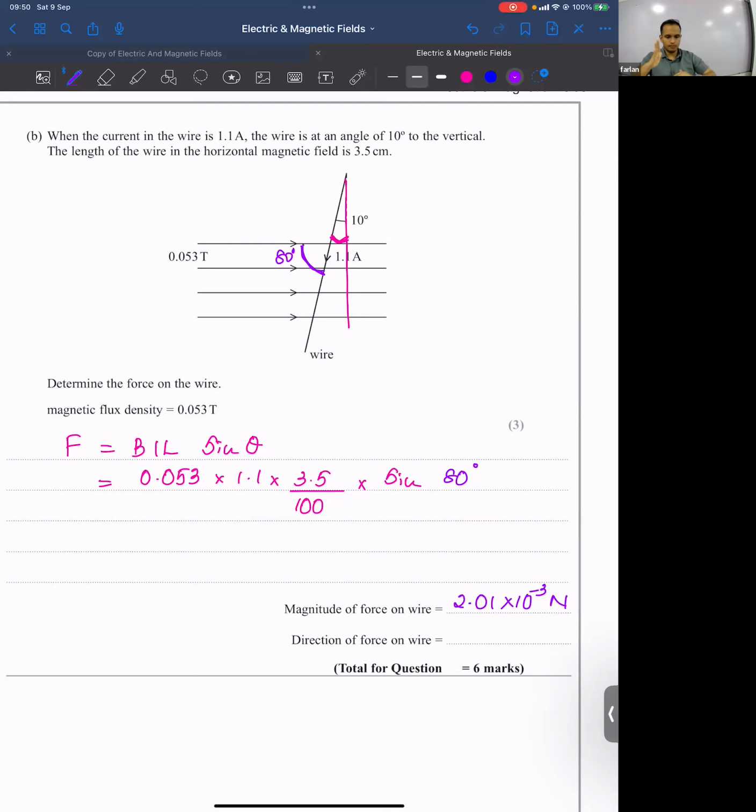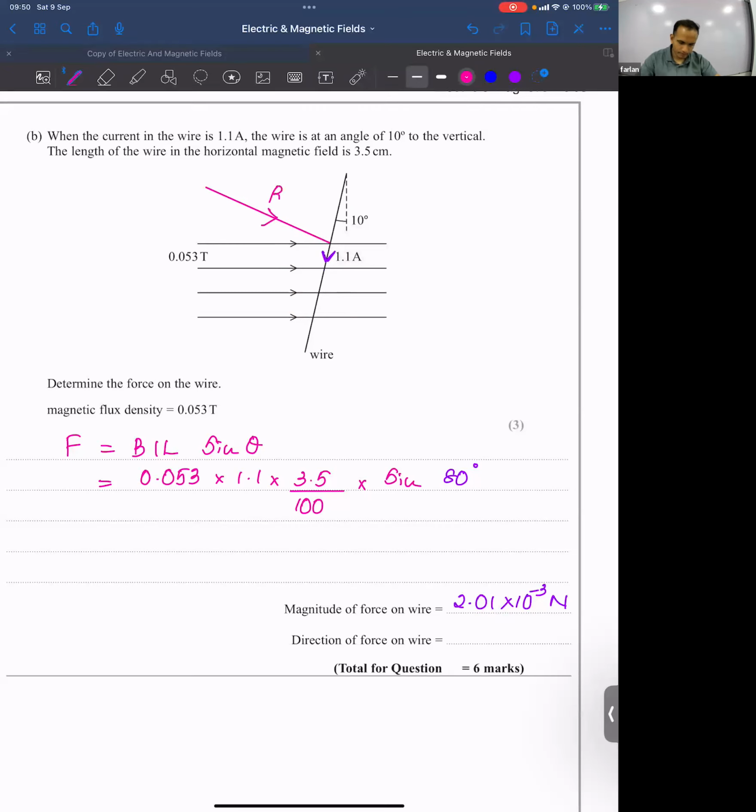Fleming's left hand rule. So guys, now the perpendicular component of the magnetic field, current, you can look at this. Current is this way. The perpendicular component of the magnetic field is this one, that is this way. Correct?